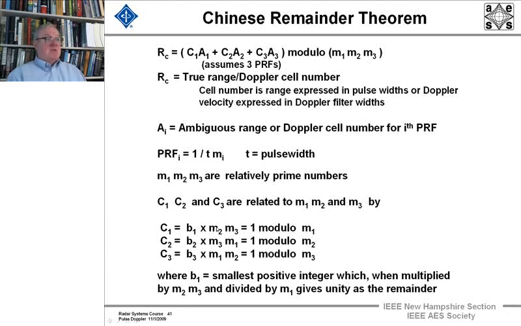And this is the equation for getting the C's, and you can get the B's as the smallest positive integer which when multiplied by these numbers gives these numbers as remainders.